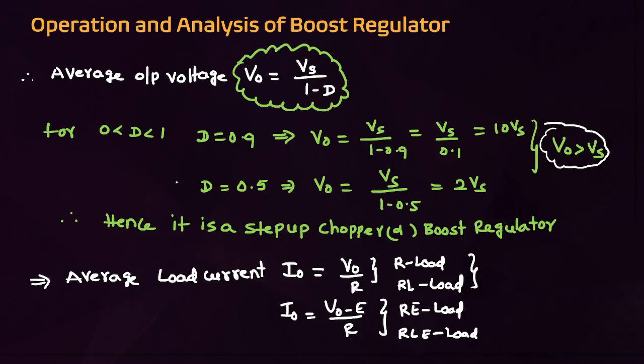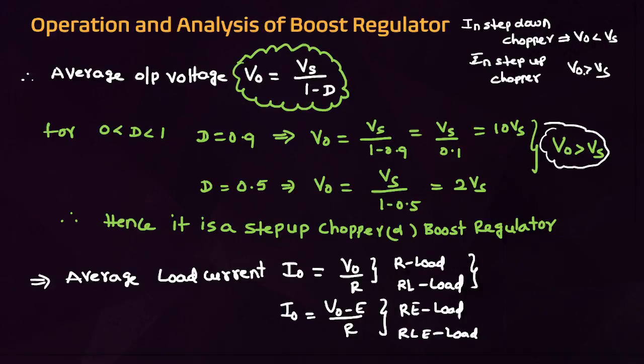But in the case of step up chopper or boost regulator, V naught is greater than Vs. That is, the average output voltage is greater compared to the supply voltage. That you have to concentrate on.